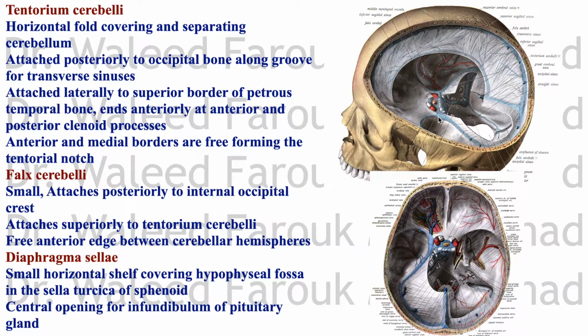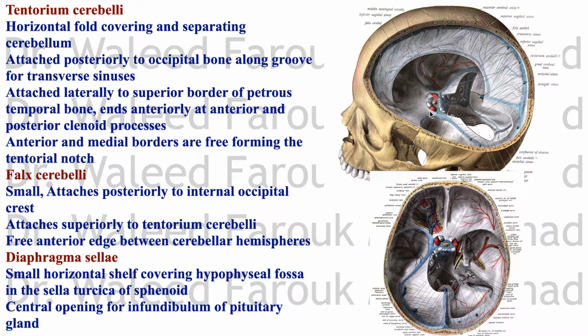Another horizontal fold is called the diaphragma sellae, which covers the sella turcica, the site for the pituitary gland, or hypophysis cerebri. It's a small horizontal shelf covering the hypophyseal fossa in the sella turcica of the sphenoid bone, as you can see here.